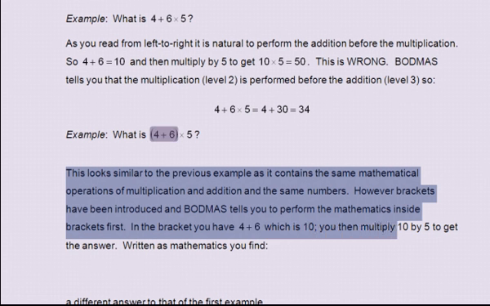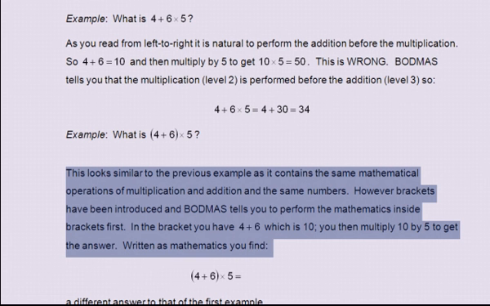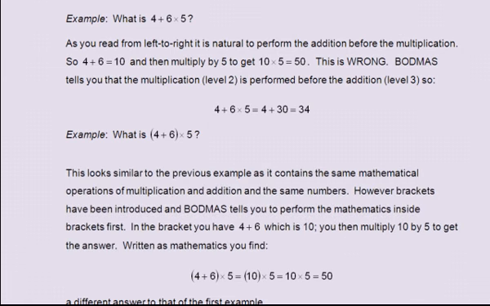Then you multiply 10 by 5 to get the answer. Written as mathematics, you find 4 plus 6 in brackets multiplied by 5 equals 10 in brackets multiplied by 5. So we can remove the brackets to give us 10 multiplied by 5, which equals 50. A different answer to that of the first example.